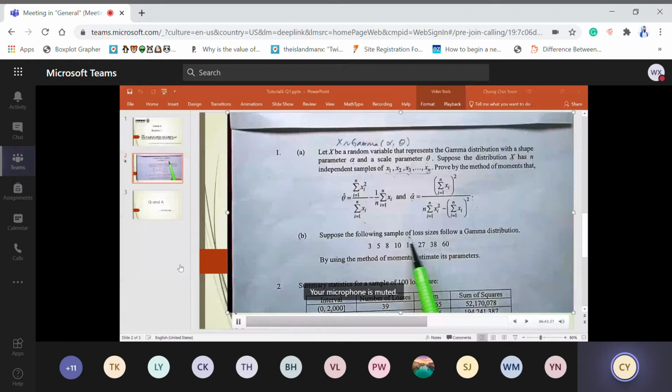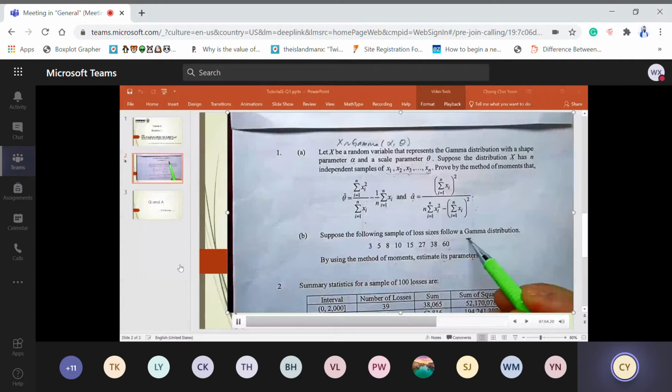So from part A, the result we have found, we try to get the sample moments of the summation of x and also the summation of x squared from this data, and we substitute inside these two formulas from part A, then we can estimate the parameters theta and alpha.